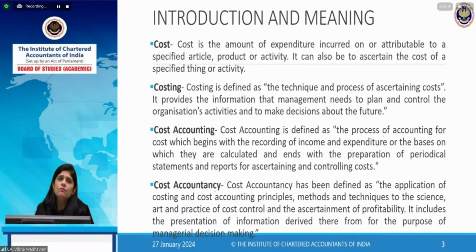Then, through periodical statements and reports and various techniques we use, the second major objective is cost control. For cost control, the management requires information in different forms. The information is presented to the management in the form of periodical statements and reports, so that the ultimate objective of continuous cost control is achieved. That is exactly what cost accountancy is focused on.